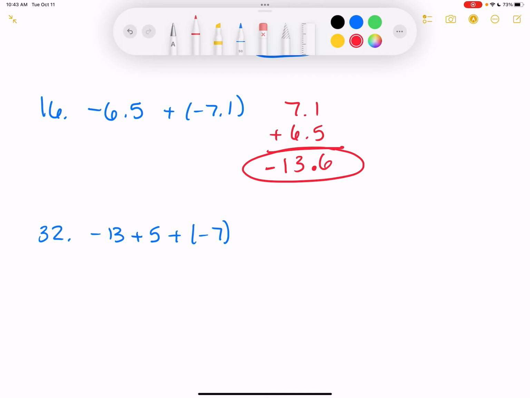Well, what's true about their signs, first of all? What's true about the sign of those two numbers? One's negative and one is positive. So that means what?